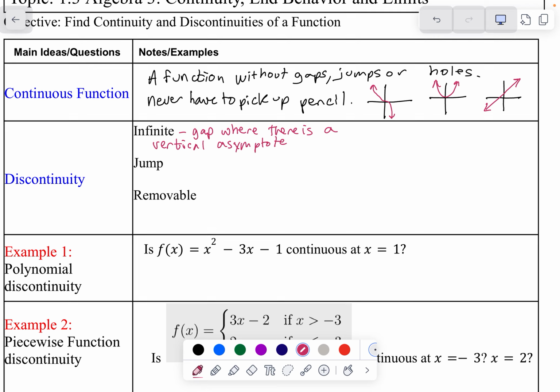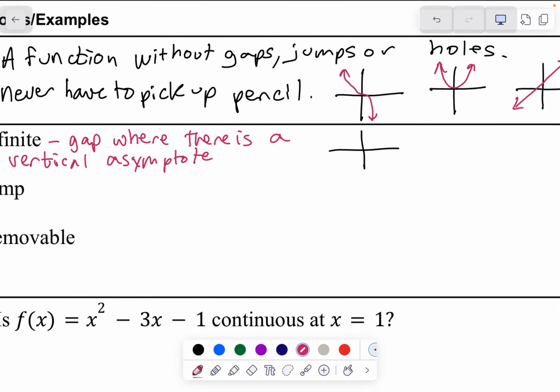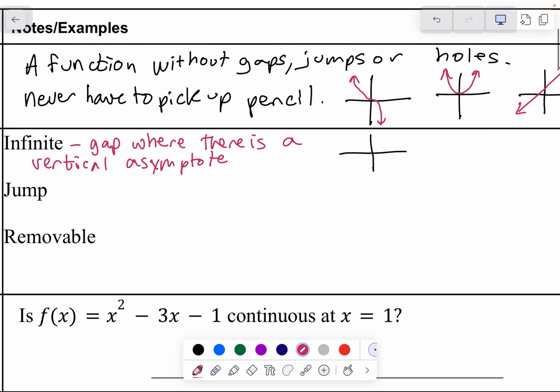So what does that look like? I'm going to draw a little picture over here to match that situation. In an infinite discontinuity, there might be a vertical line that we get super close to on the left or super close to on the right. And oftentimes they look something like that.